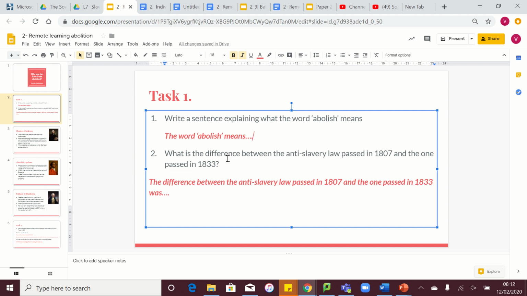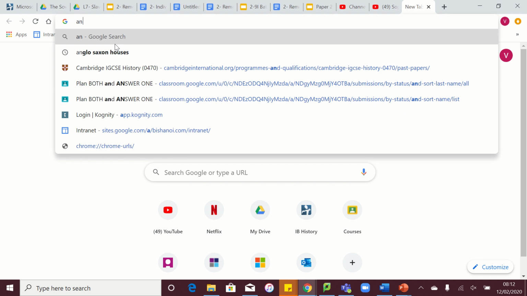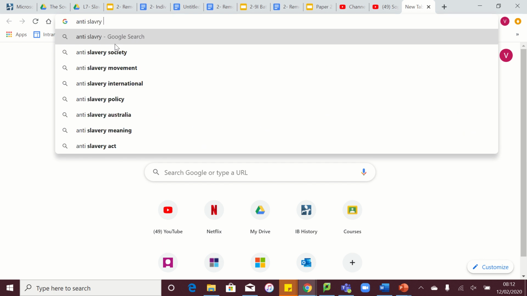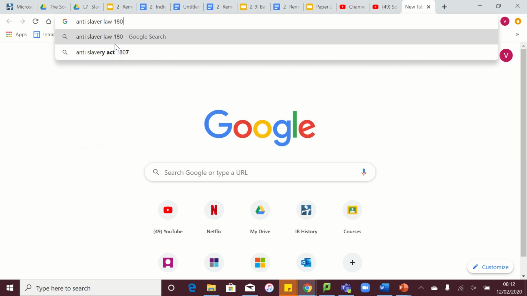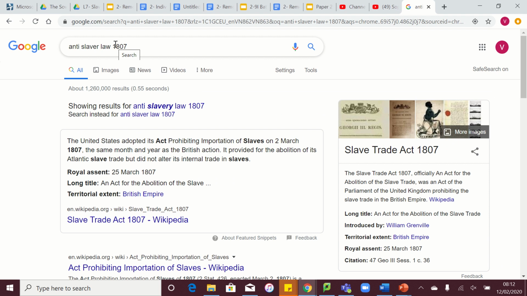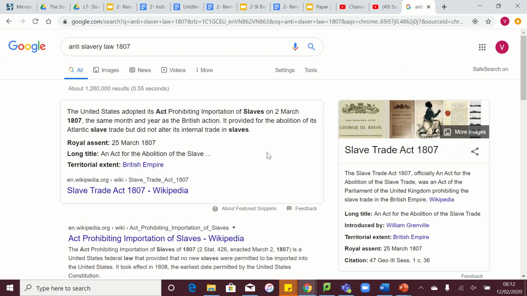Question number 2, what is the difference between the anti-slavery law passed in 1807 and the one passed in 1833? So again, you're going to have to search. So for example, anti-slavery law 1807. Sorry, I spelled slavery wrong. Have a look at what this meant.